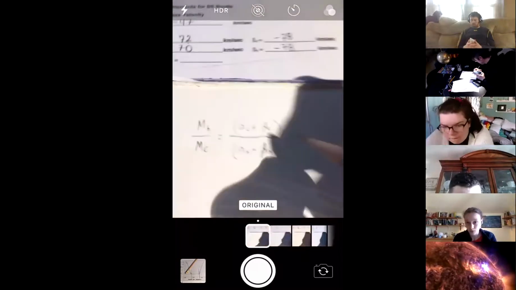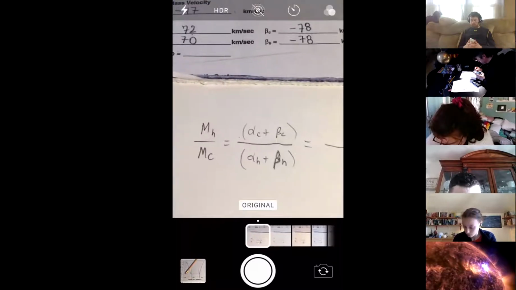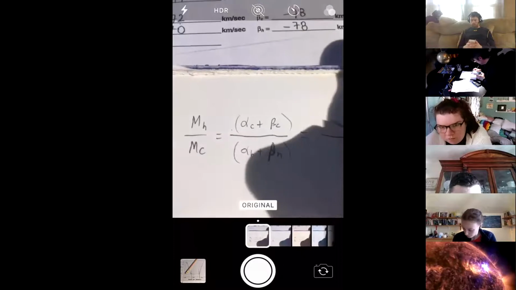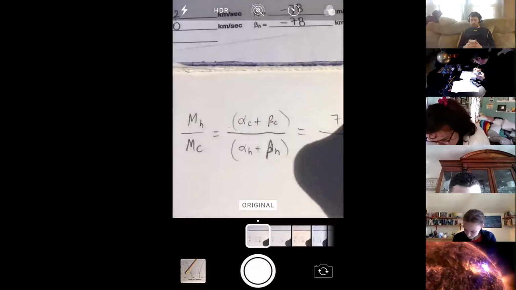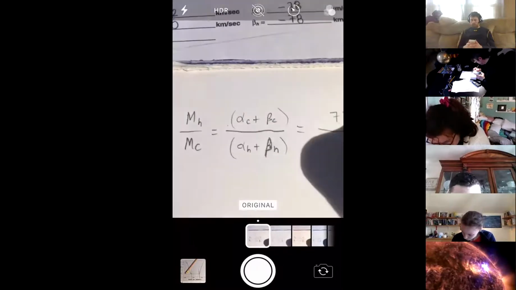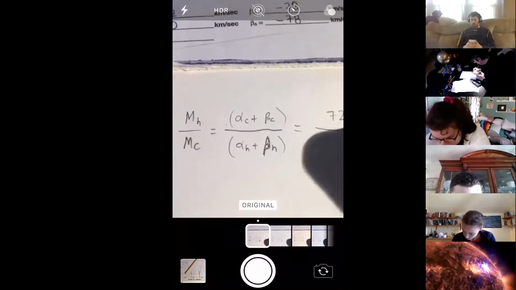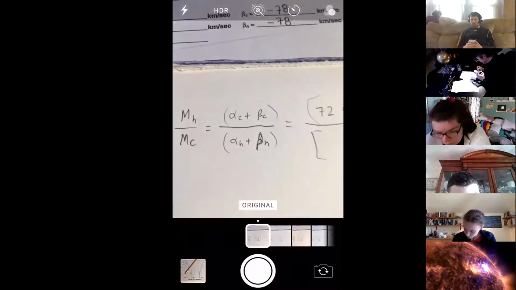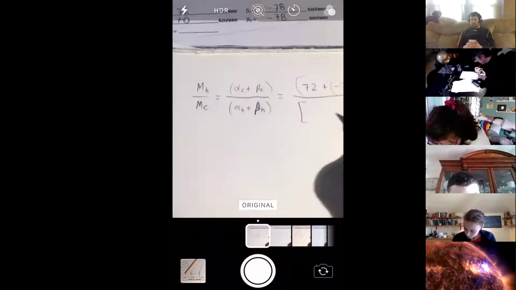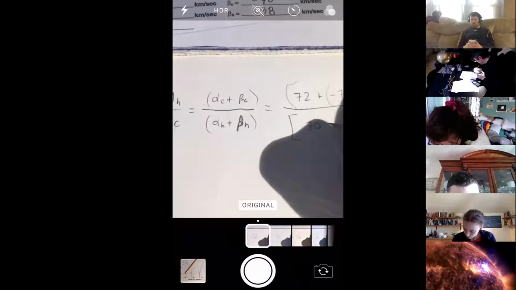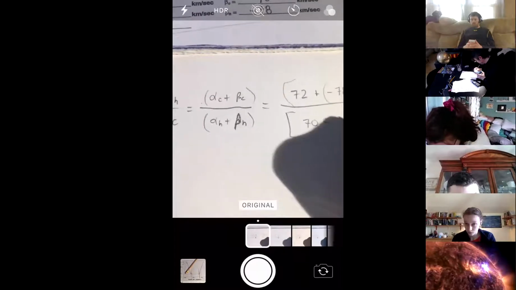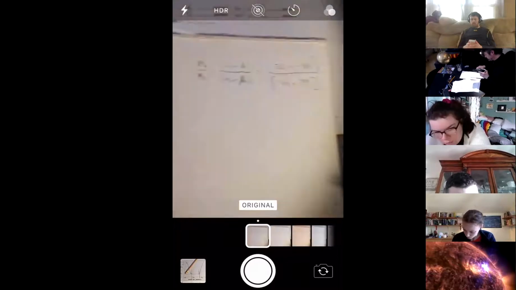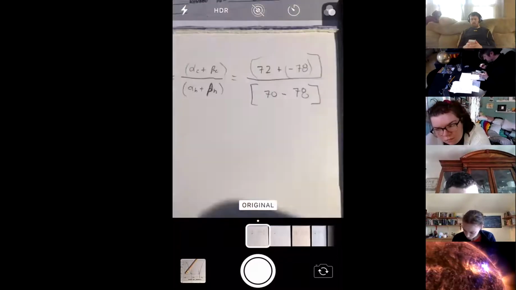That's equal to alpha cold, which is 72, plus beta cold, which is minus 78, over the hots. So 70 essentially minus 78. So it comes to -6 over -8.